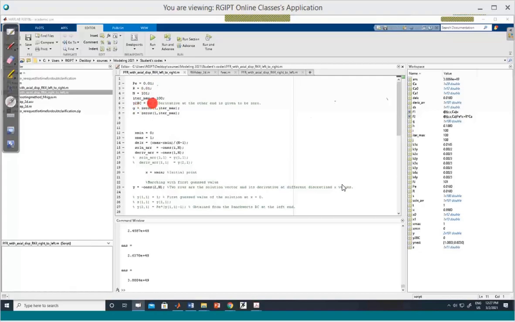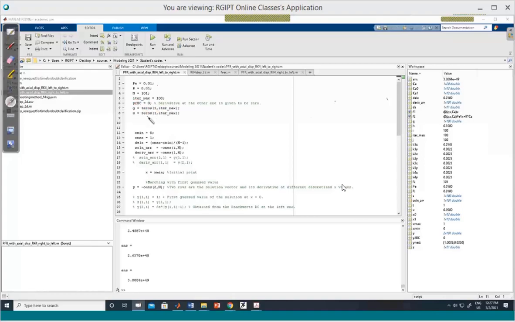Now this quantity y2 bc is a boundary condition, the second boundary condition at the other end. The y2 bc value is what we will require to check whether I have reached a solution or not. And these two are just defining initial G's and S's, right?